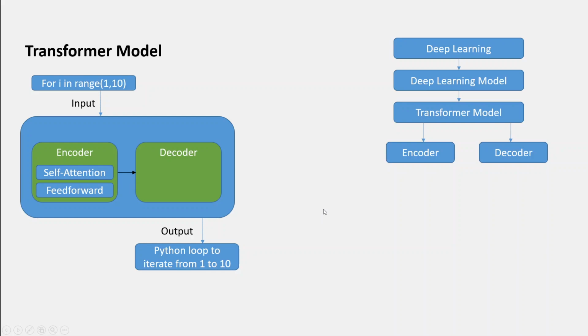The decoder takes in the hidden states from the encoder and produces an output sequence. Hidden states include the relationship between the words along with other information, and I'm not going into much detail because we are just looking at the high level concept.